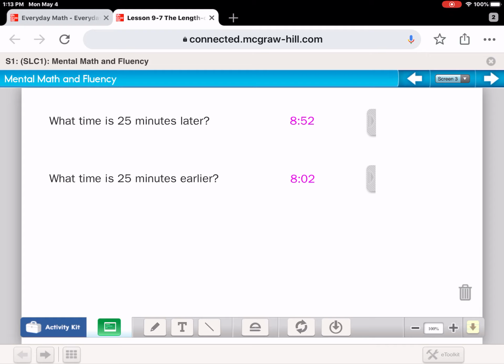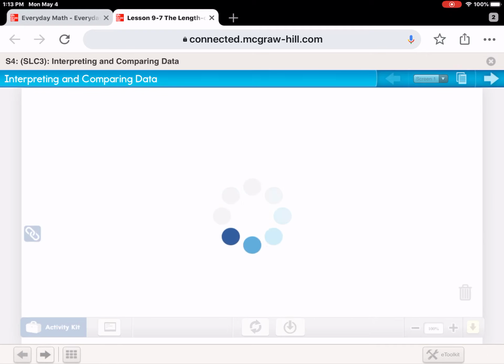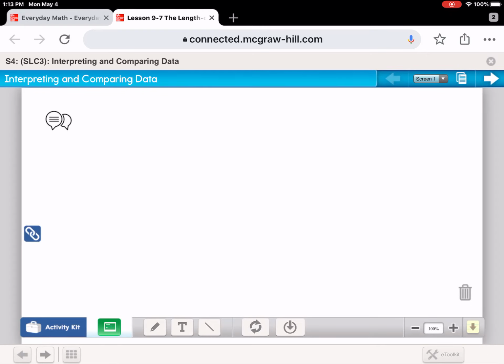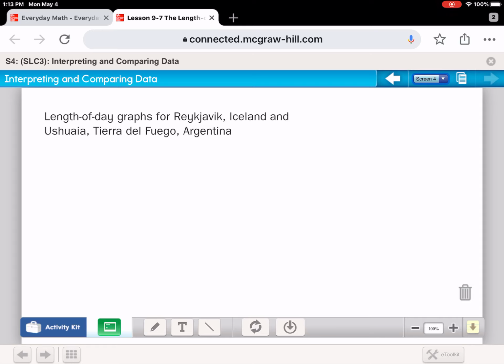All right. You don't need anything except to look at the screen for the next thing we're going to talk about. I'm about to show you some graphs, and these graphs show the length of day, meaning the amount of sunshine in a day, for two places, Reykjavik, Iceland, and Tierra del Fuego, Argentina.